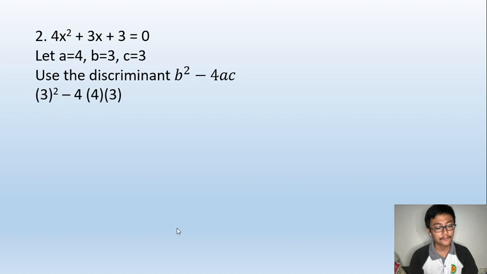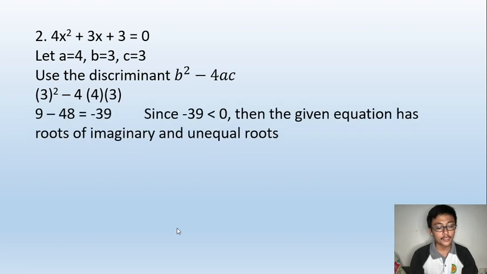Substitute the values, so we have 3 squared minus 4 times 4 times 3. 3 squared is 9, minus 4 times 4 times 3, it's 48. 9 minus 48 equals negative 39. Since negative 39 is less than 0, then the given equation has roots of imaginary and unequal roots.